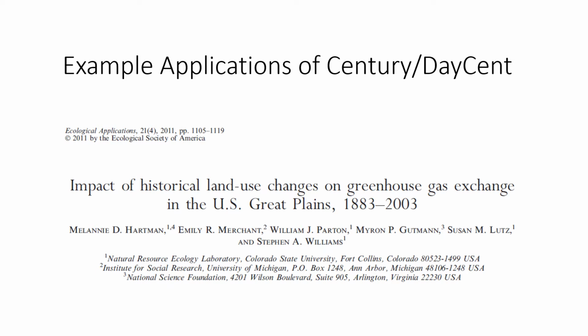The DayCent model outputs that were important to this study were crop yields and soil carbon levels and N2O emissions and methane oxidation. And also soil nitrogen mineralization. And we found that the initial cultivation of native grass caused the greatest amount of greenhouse gas losses over this whole 120-year period.